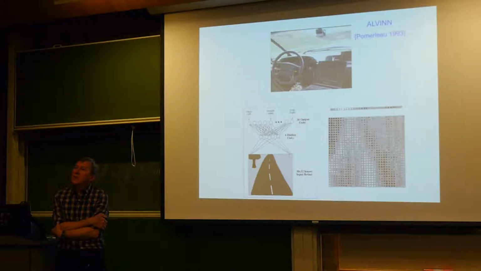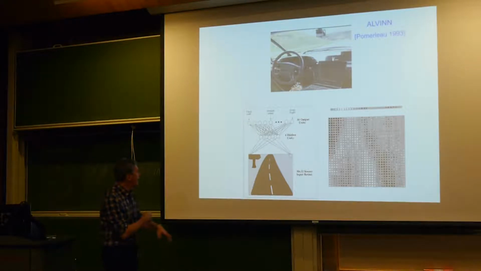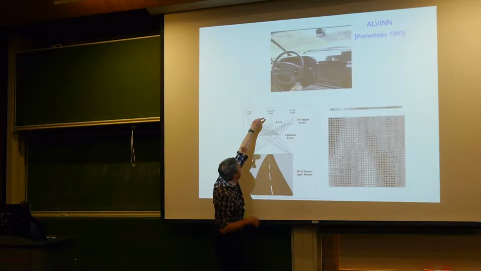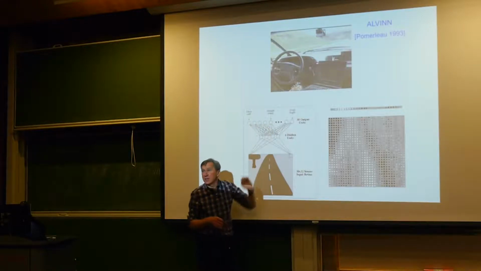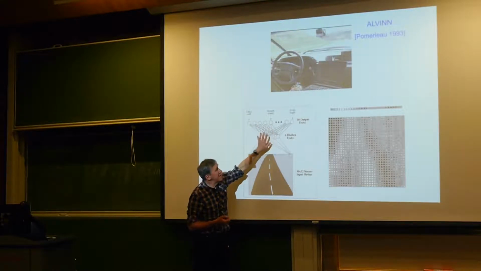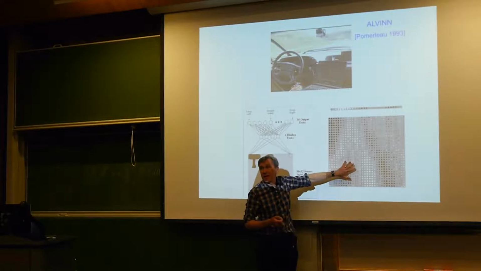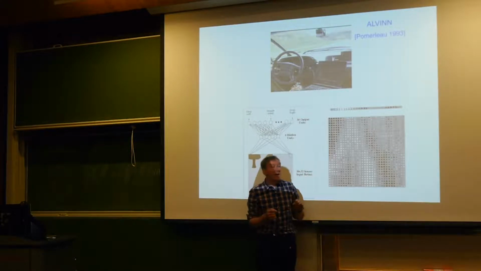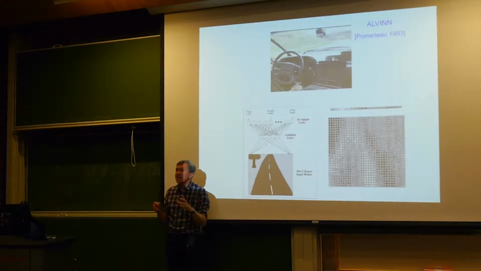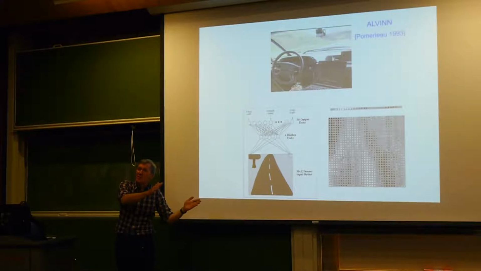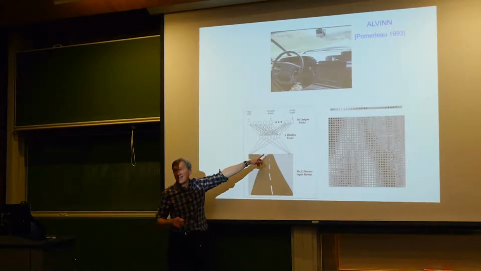What you're trying to learn is a function that will take any image as input and then output this kind of peaked value in the direction you should steer. And you have several different units to do this. Each of them actually has a different weight diagram. We're looking at the weights just for one of those 4 hidden units. And so if you actually look at them all, what you see is that some of them are activated, especially when the road is over on the left, like this one.